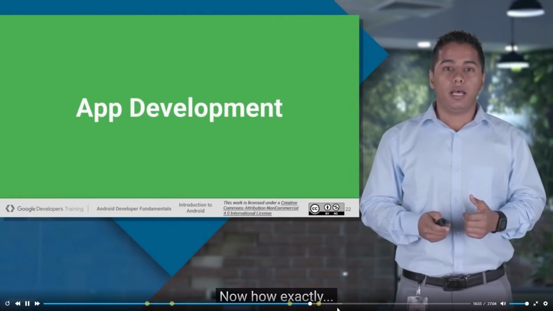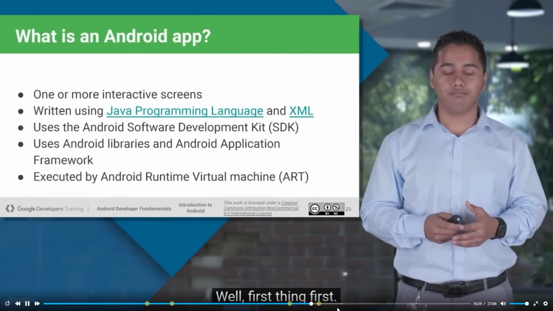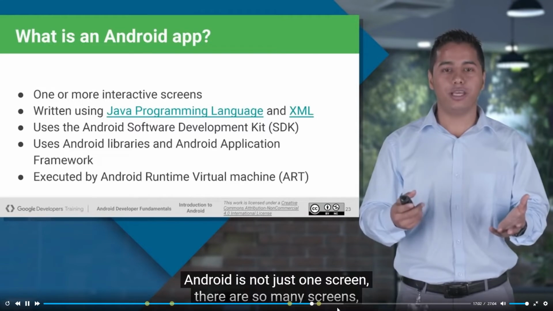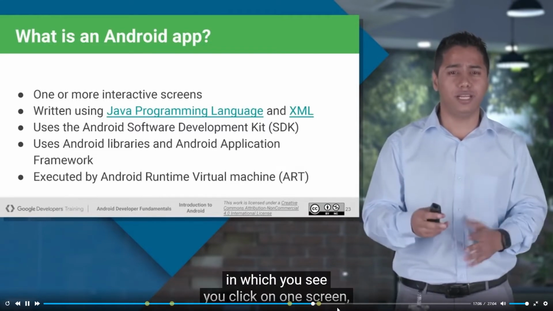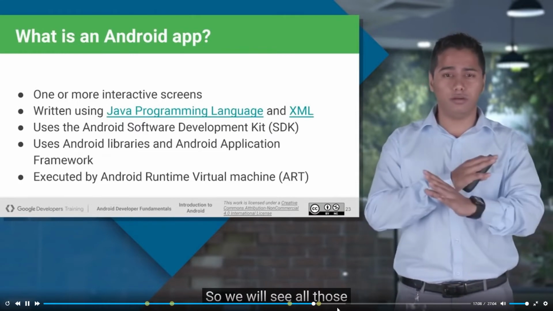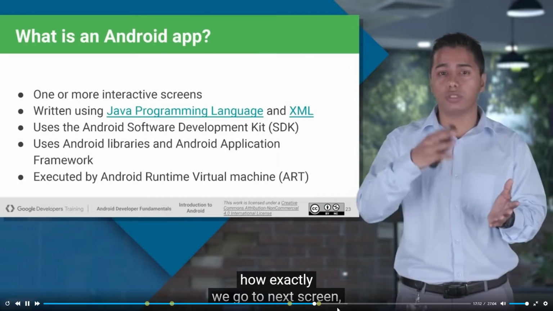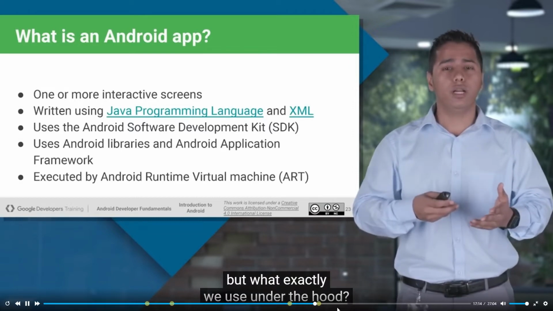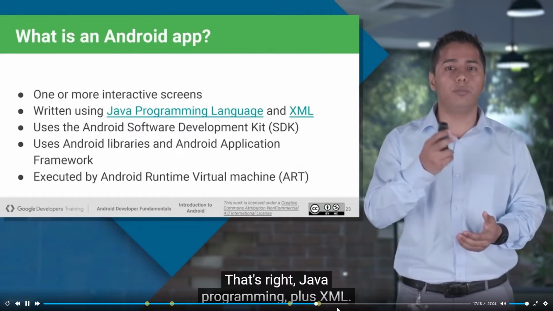Now, how exactly does application development go here? Well, first things first, Android is not just one screen. There are so many screens which you see. You click on one screen, you get to the next screen. So we will see how exactly we design one screen, how exactly we go to the next screen. But what exactly do we use under the hood? We use Java programming. That's right, Java programming plus XML.